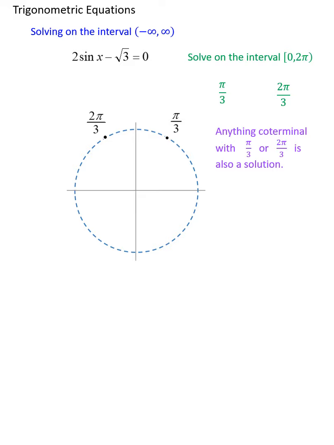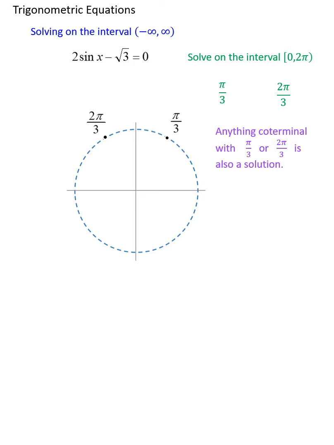Literally all of them. Well, anything that's coterminal with pi over 3 or 2 pi over 3 is a solution for this equation. But wait a minute, there's infinitely many things that are coterminal with pi over 3, for example. Likewise for 2 pi over 3. So how are we going to find, quote, all of them when there's a never-ending list?